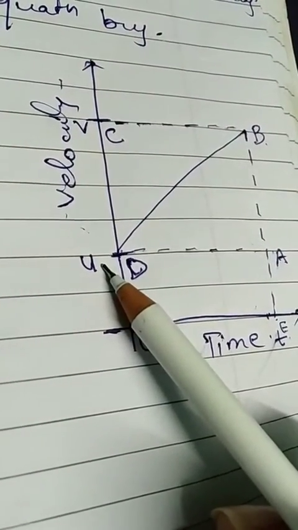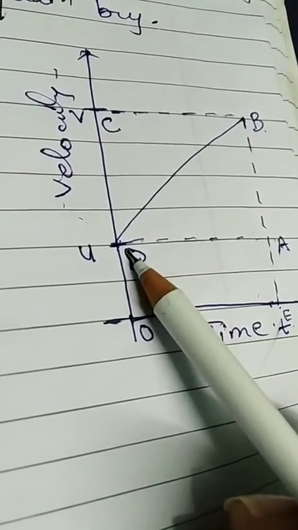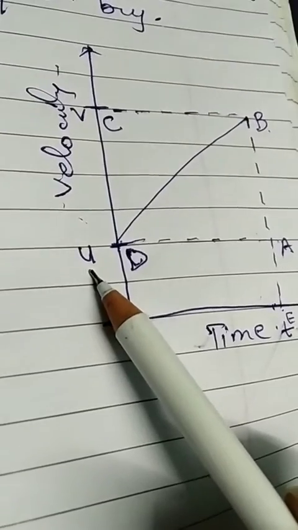The object starts from the point D with velocity u, that is initial velocity.